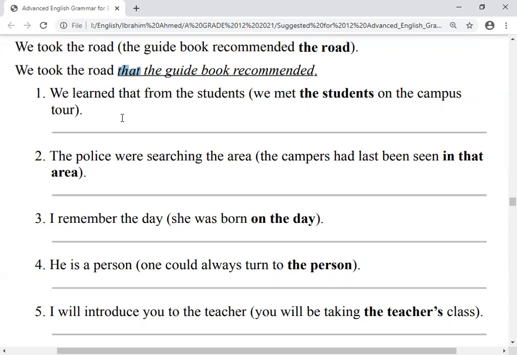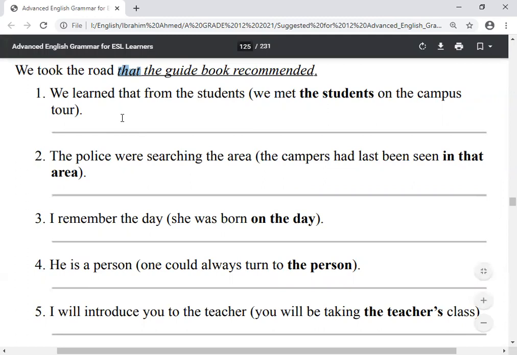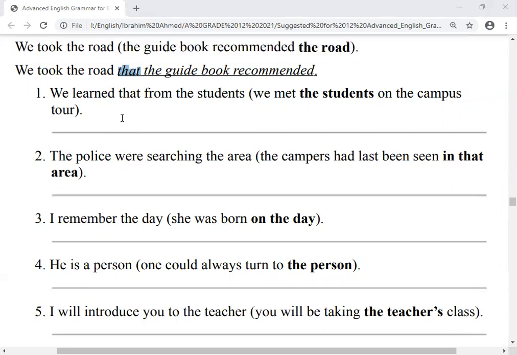So if you're ready to do number 1, put your hand up, please. I have Minna. Okay, Minna, go ahead. We learned that from the student who we met on the campus tour. We learned that from the students who... Minna, you said who? Right? Yes. But here we met the students.